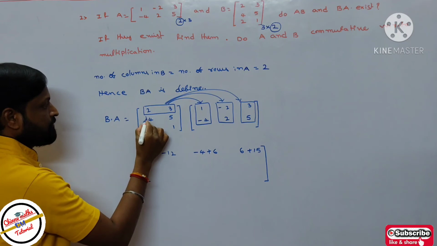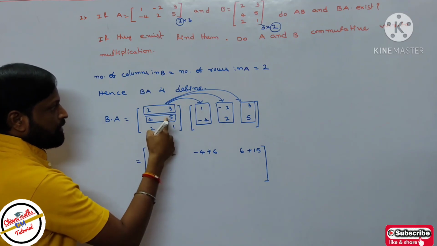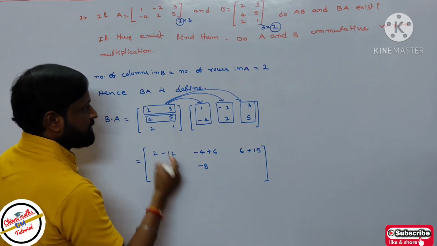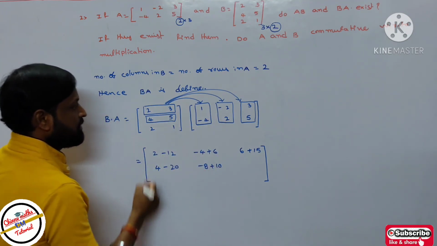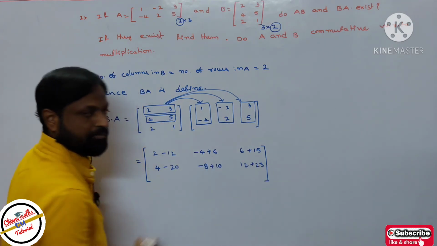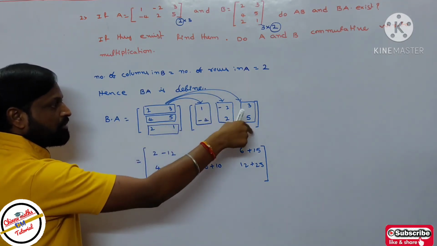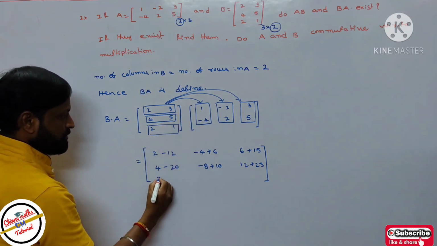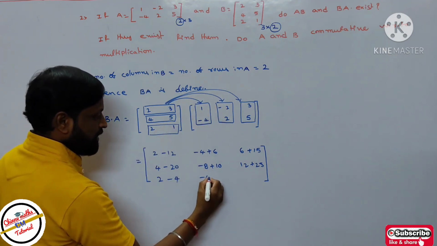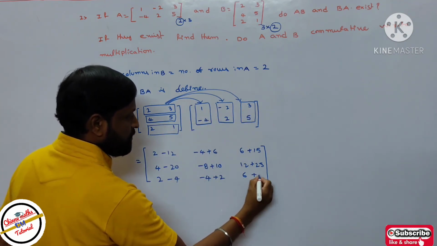Next, second row and first column: 4 into 1, 4, minus 5 into 4, 20, then 4 into -2, -8, plus 5 into 2, 10. Similarly 4 into 3, 12, plus 5 into 5, 25. Then the last row and all columns of the second matrix: 2 into 1, 2, minus 4 into 1, -4, then 2 into -2, -4, plus 1 into 2, 2, then 2 into 3, 6, plus 5 into 1, 5.